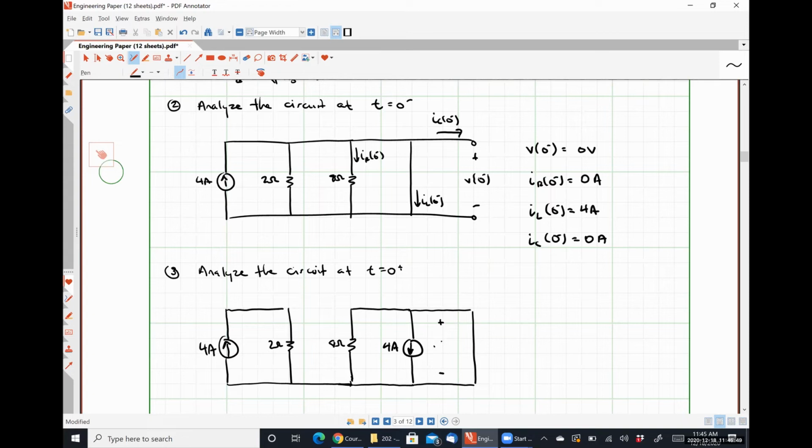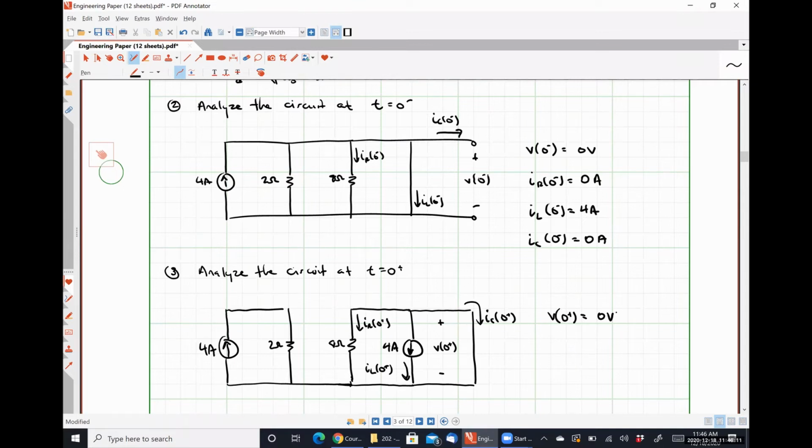So here is V at 0 plus, here's IC at 0 plus, IL at 0 plus, IR at 0 plus.